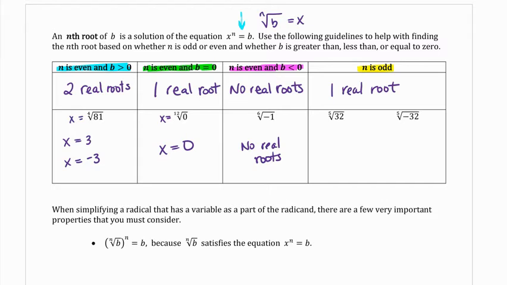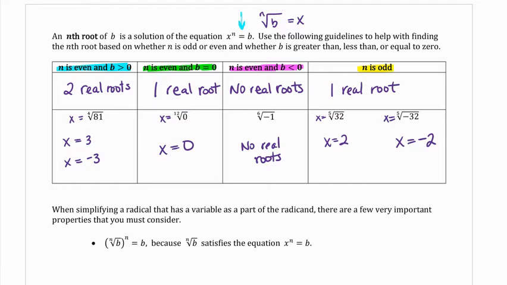If I have an odd number of positives, I get a positive. If I have an odd number of negatives, I get a negative. So the fifth root of 32, what times itself 5 times will give us 32? Well, this one would be x equals 2. 2 times itself 5 times is 32. And then this one, if it's negative 32, then we get x equals negative 2.